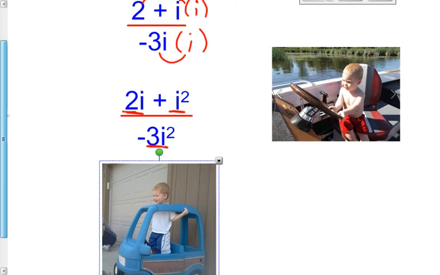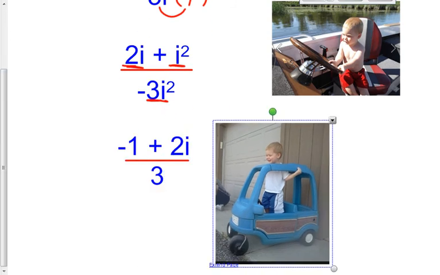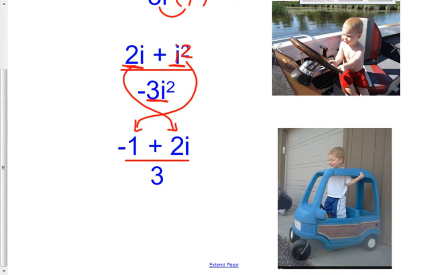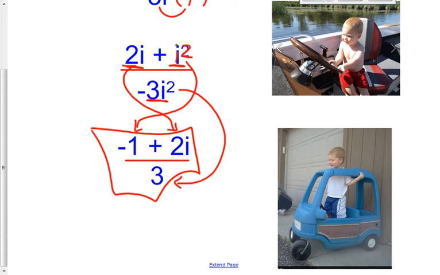After that, every i squared you should have changed to a -1. So i squared is -1, 2 times i is 2i, and -3 times i squared is -3 times -1, which is +3. So this should have been your answer: -1 plus 2i divided by 3.